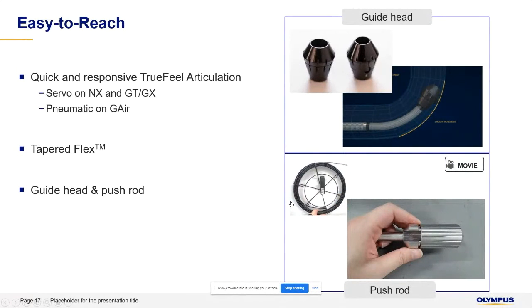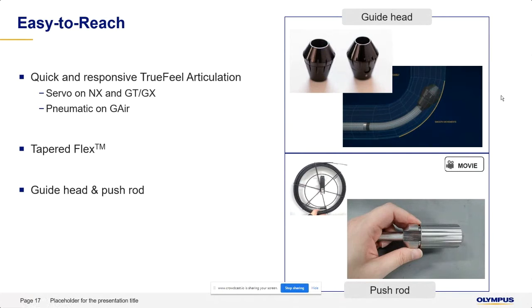Guide head and push rod. So the guide head I mentioned before, this is the shape that I specified as a very specific shape. This attaches to the end of the insertion tube so that the tip adapter is flush with the end of the guide head. So this shape, and when we did this design, we looked at many different types of shapes and found that this shape actually helps the most.